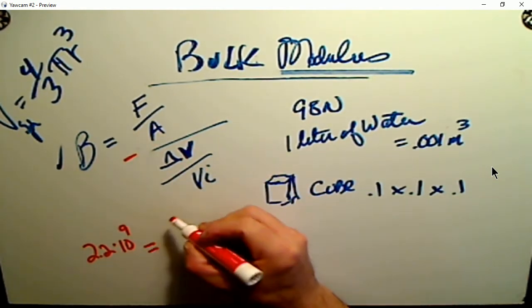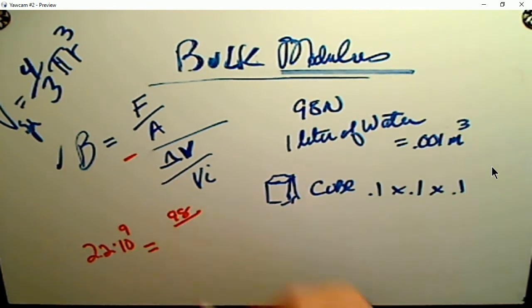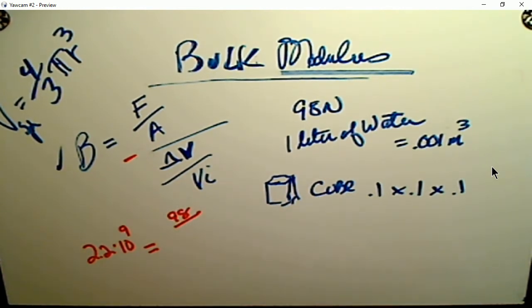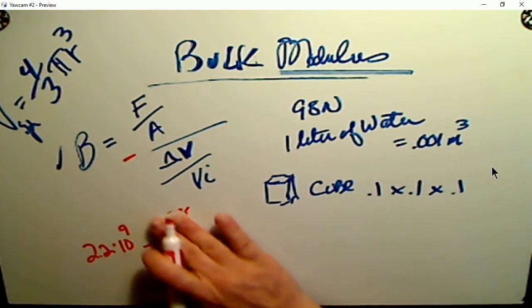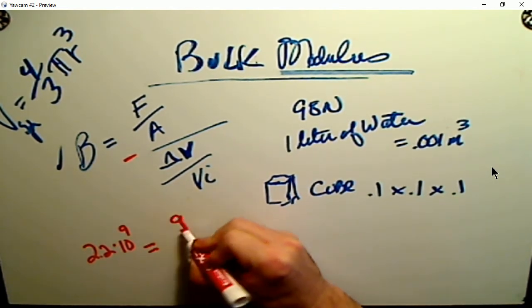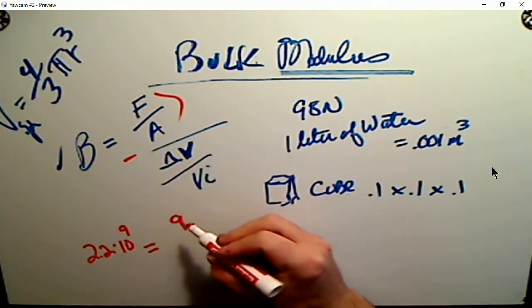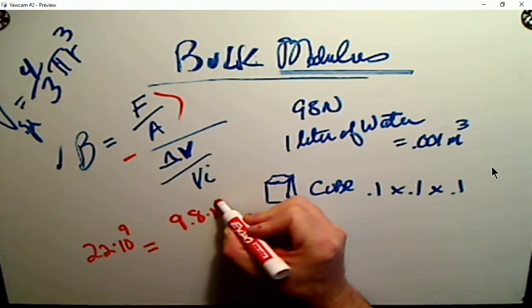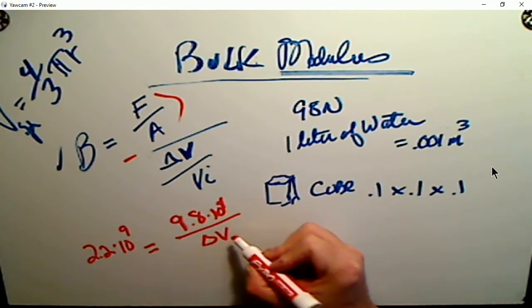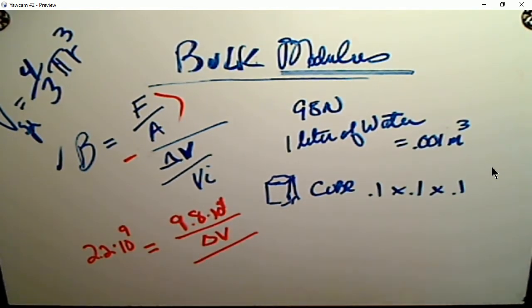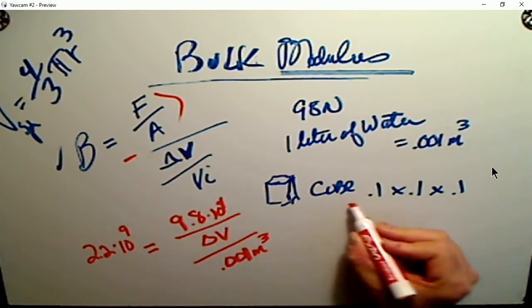The force, 98, for a given area, which is the liter cubed, so this comes to 9.8. If you take both of these together, 9.8 times 10 to the 4. Change in volume over what was its volume originally before we put this pressure on it. Well, it's 0.001 meters cubed if you do this math.